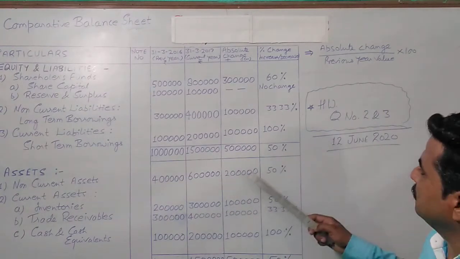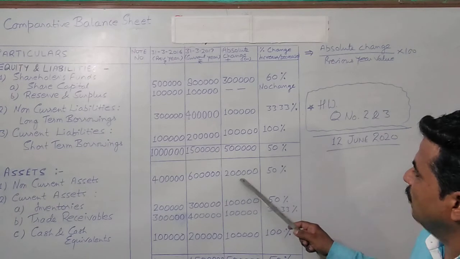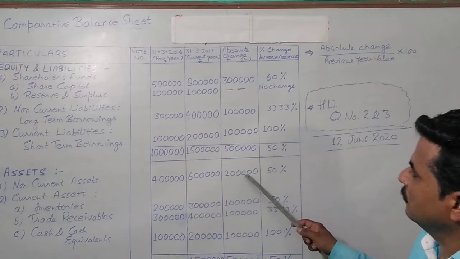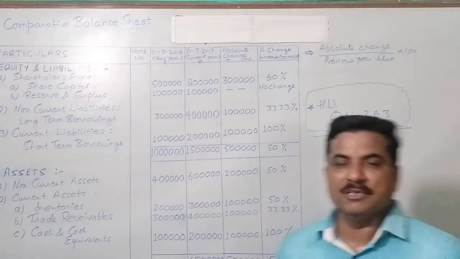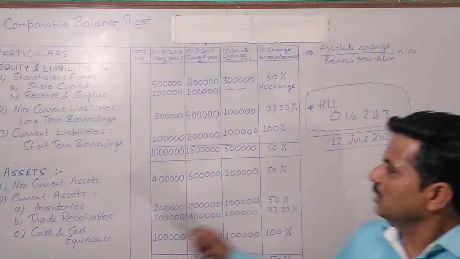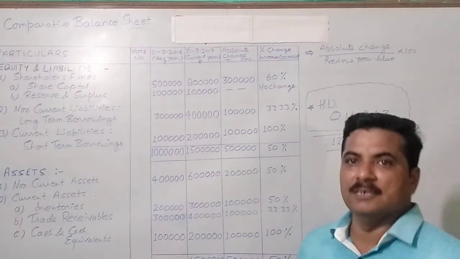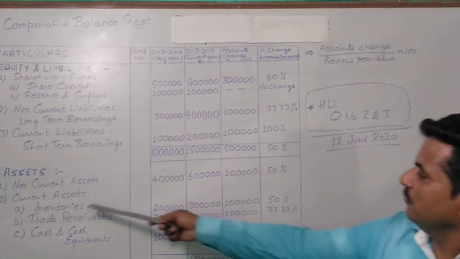There is an increase in non-current assets of rupees 2 lakh when we compare the current year value with the previous year value. Now we compare inventories.